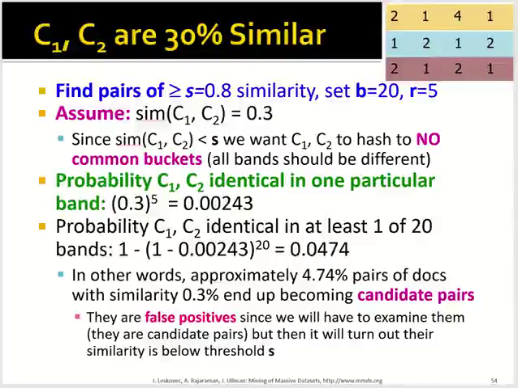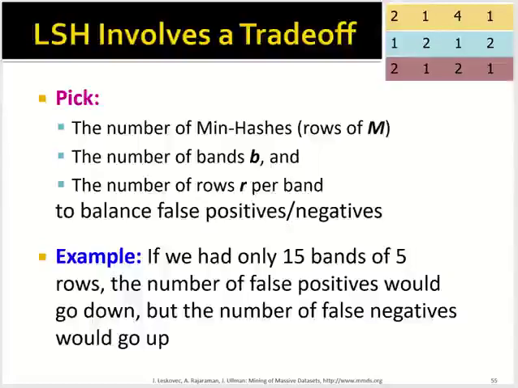All these candidate pairs are false positives, which should be examined to find that their similarity is below the threshold. So these are two examples of how we calculate the similarity of C1 and C2.